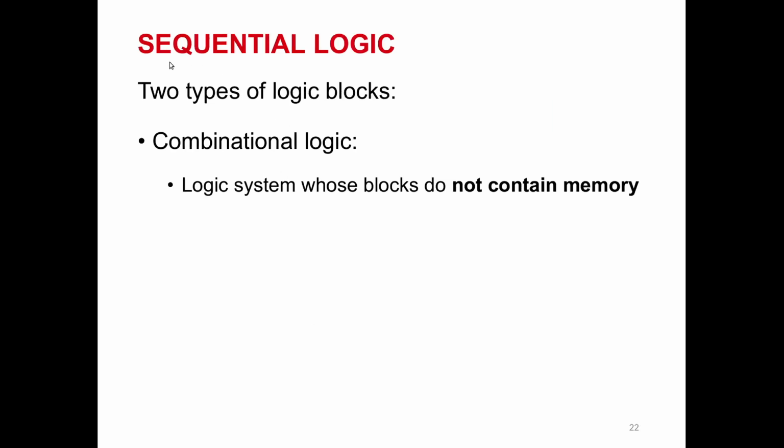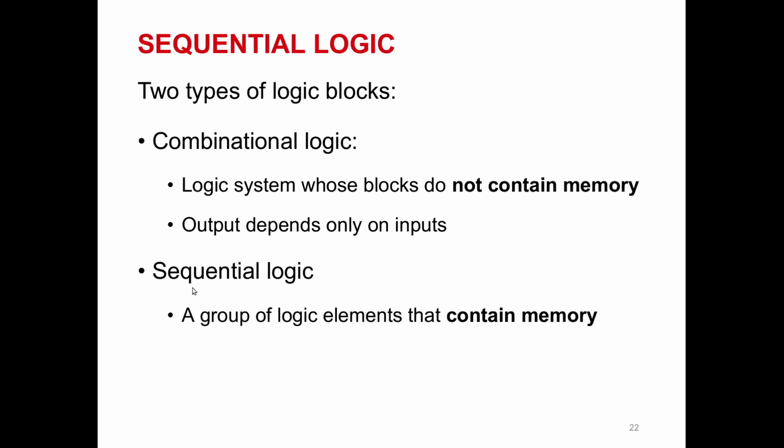Next we will go to the sequential logic. As we said before, here we have two types of logic blocks. The combinational logic, which has no memory and the output depends only on the inputs, and another kind, sequential logic.